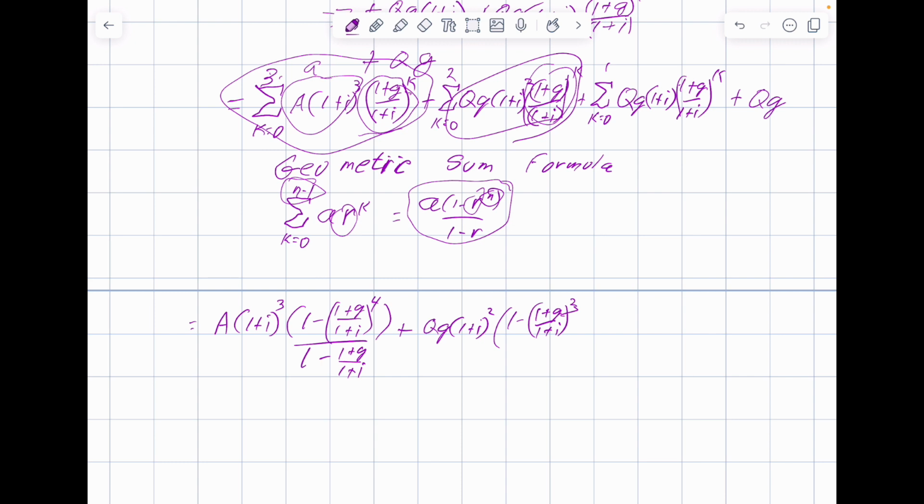Actually, this is quantity 3, isn't it? And then 1 minus (1 plus g over 1 plus I).